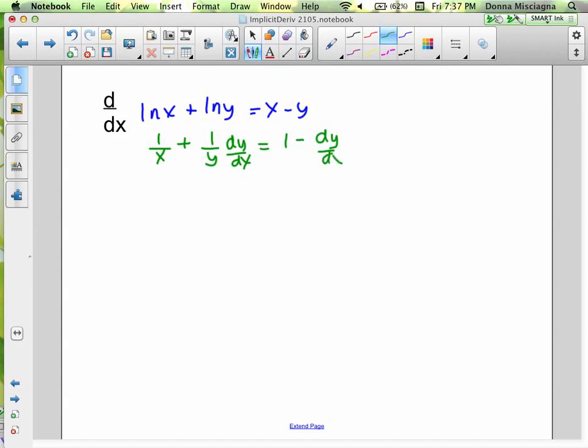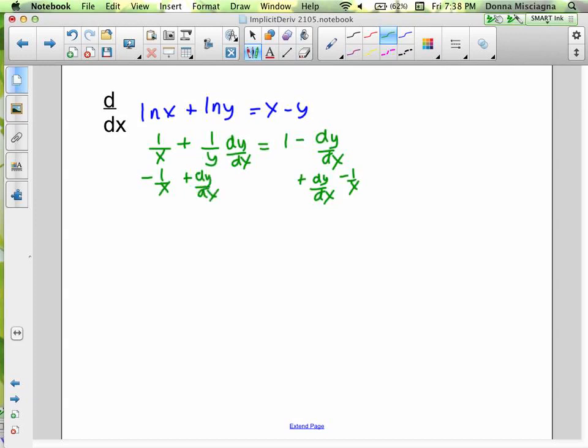Well, this one doesn't look too complicated now, does it? So we need to move all the constants to one side and all the dy dx's to the other side. I think so I don't have a bunch of negative dy dx's, I'm going to add the dy dx on this side and subtract the 1 over x on the other side. And so we'll have a minus 1 over x, and we'll have a plus dy dx.